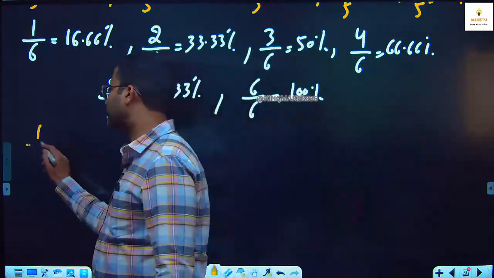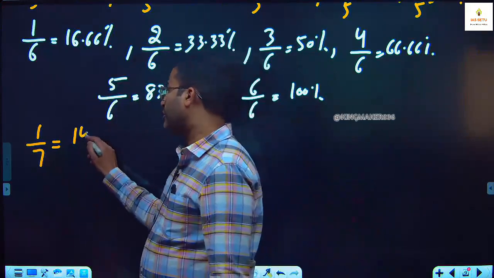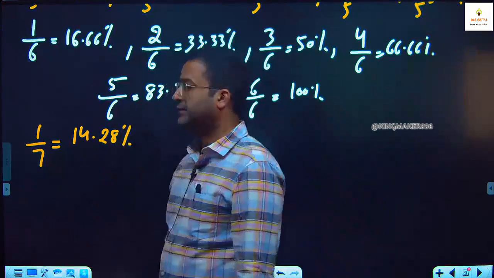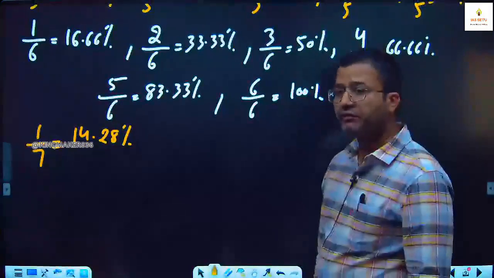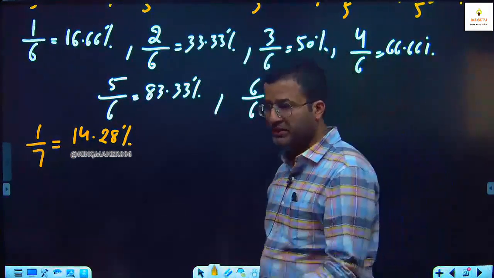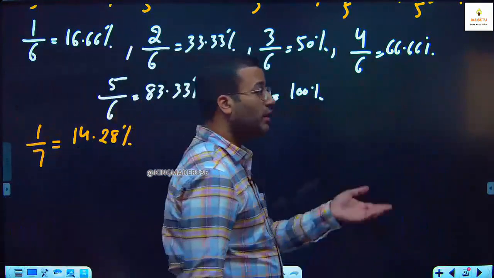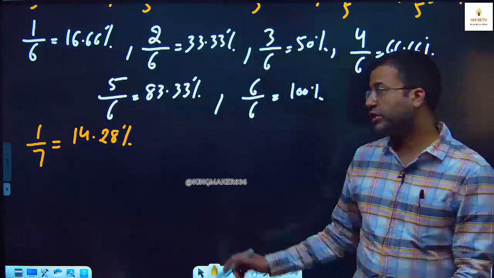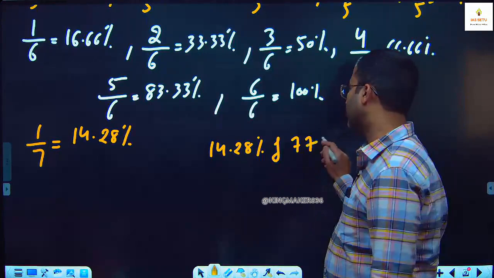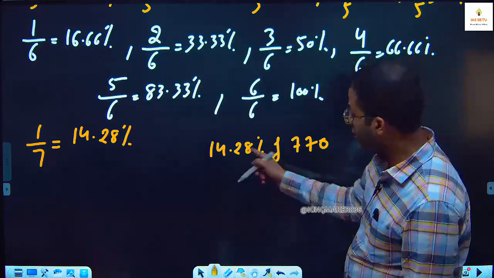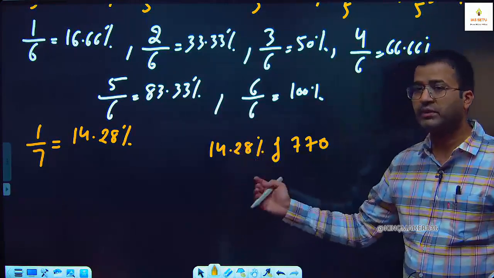Now next is 1 by 7, 14.28%. I will tell you the use. Deliberately we ask this type of calculation in percentage, profit and loss, partnership, data interpretation. So if I ask you 14.28% of 770, students start multiplying with this value, or they break it as 10%, 4%, 0.28%.